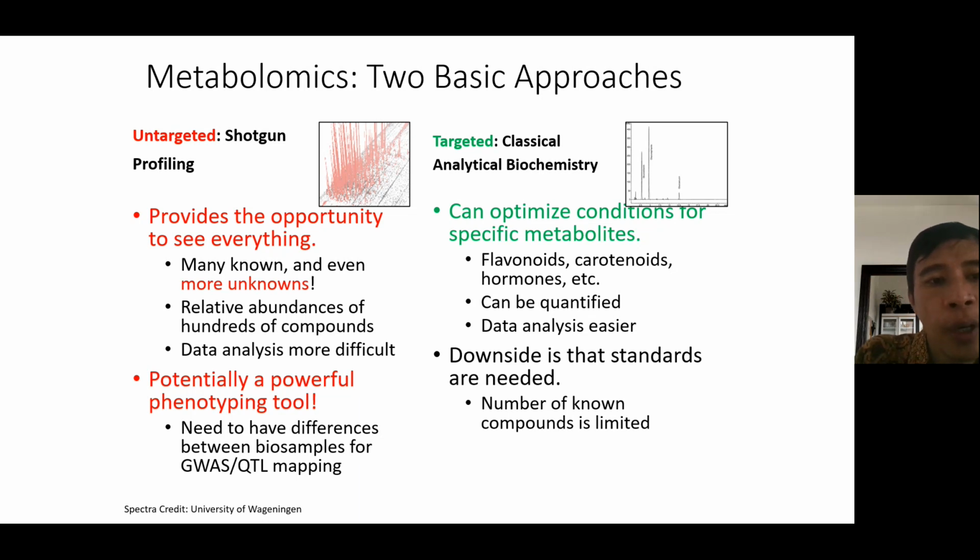So in the untargeted method, you don't specifically aim your analysis to detect only a single metabolite or a group of metabolites, but you perform the analysis to screen and explore any kind of metabolite.